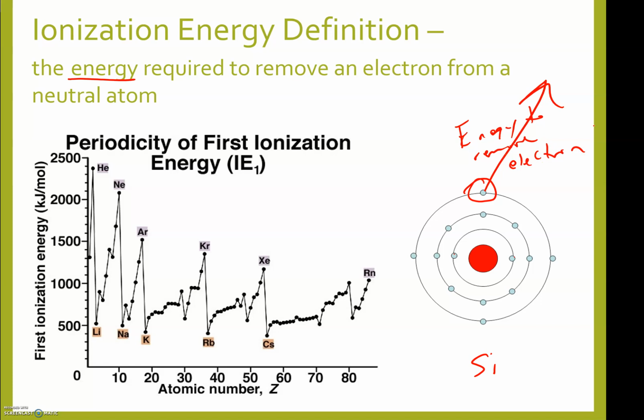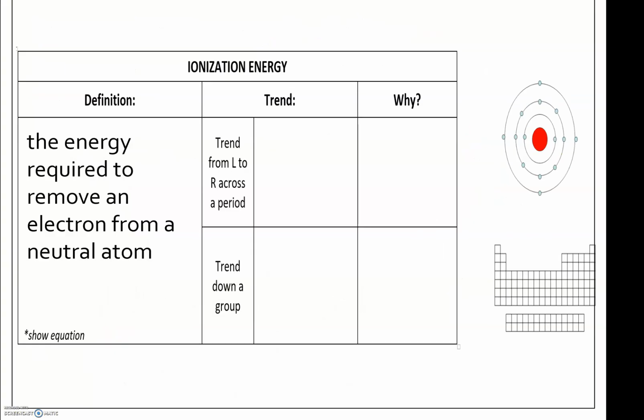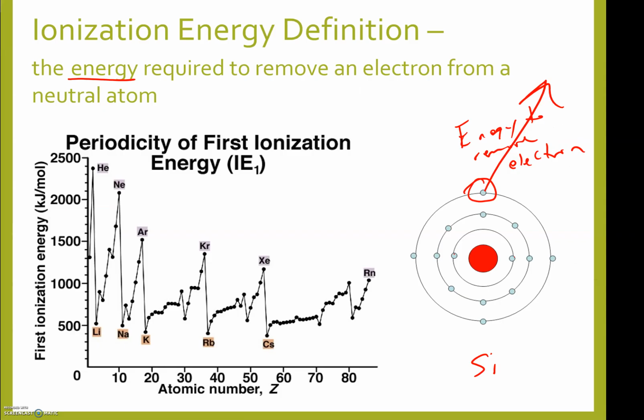We term that energy ionization energy. So I would underline that word energy and then say remove an electron. What seems to be the trend? Well, let's look at our little graphic here and see if we can find one. This can be a little bit trickier, but we can find it. Let's pick a group that we're familiar with. How about the noble gases? That's group 18. Helium, neon, argon, krypton, xenon, radon.